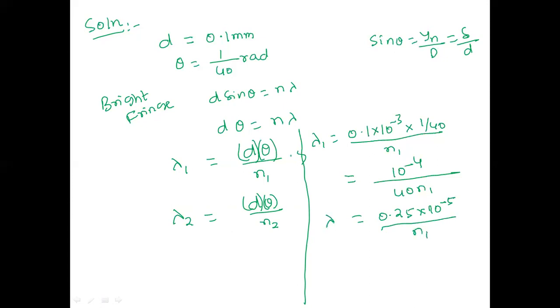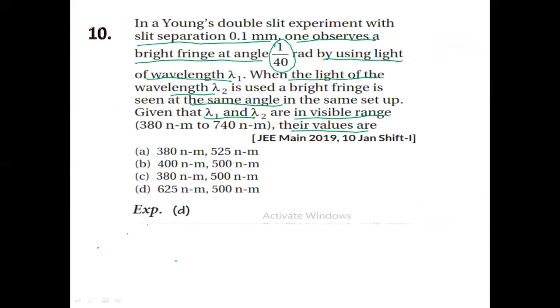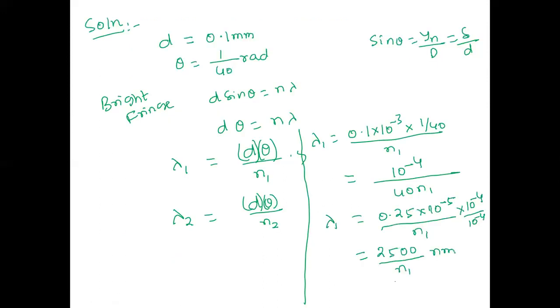What I will do is multiply and divide by 10 power minus 4 so that it will be in nanometers: 2500 by n1 nanometer. They gave the wavelength range, it lies between 380 to 740.